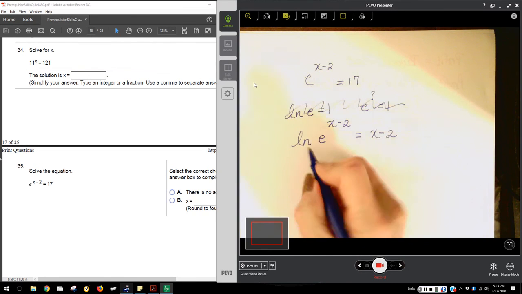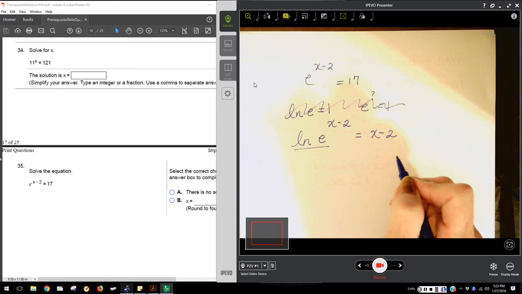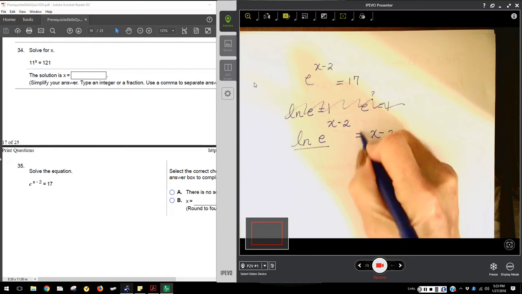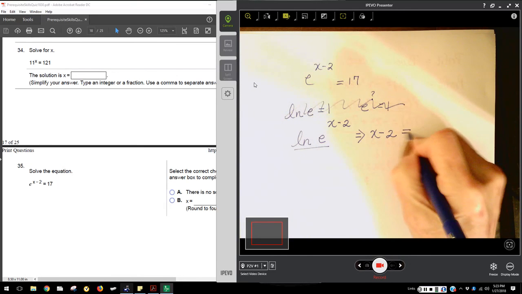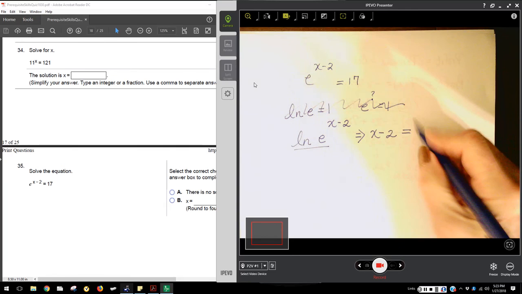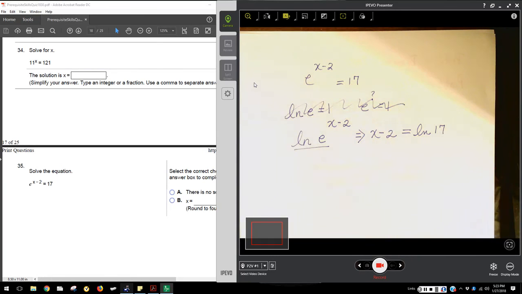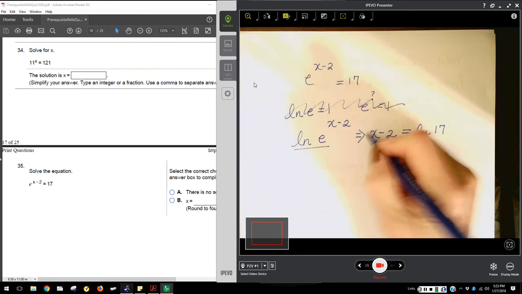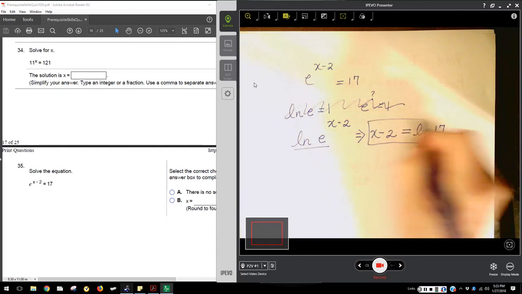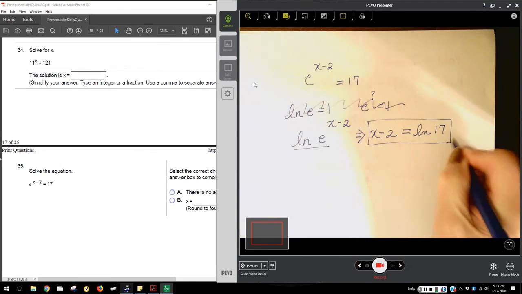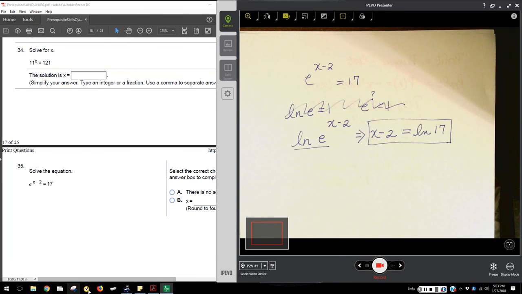If we take the natural logarithm of e to the x minus 2, we also do the same thing to both sides of the equation. We take the natural logarithm of 17. Now we can solve this equation because the natural logarithm of 17 is simply a number.